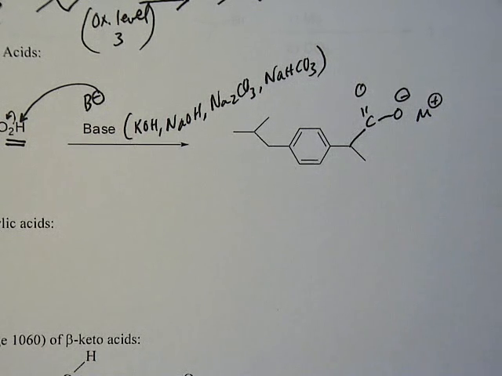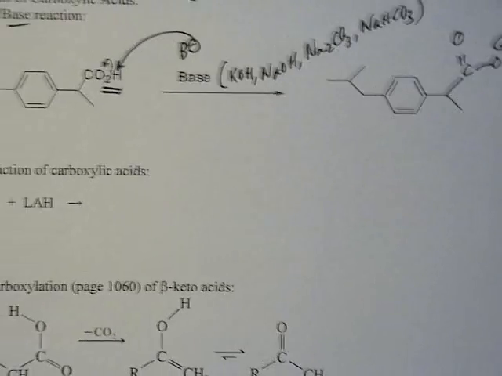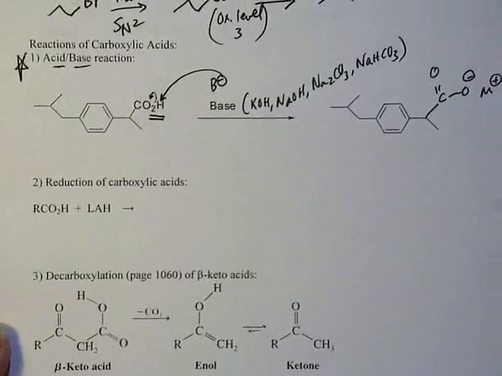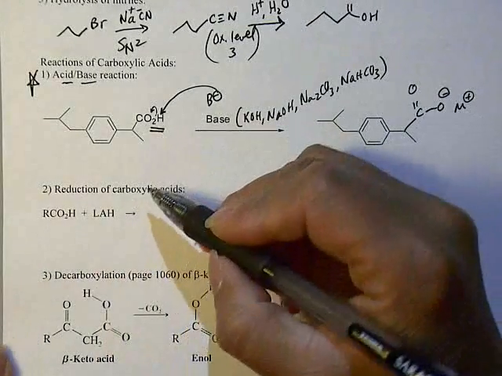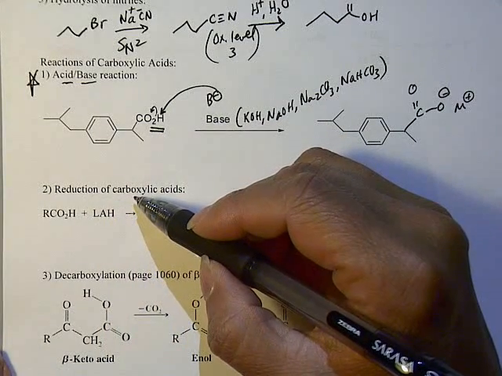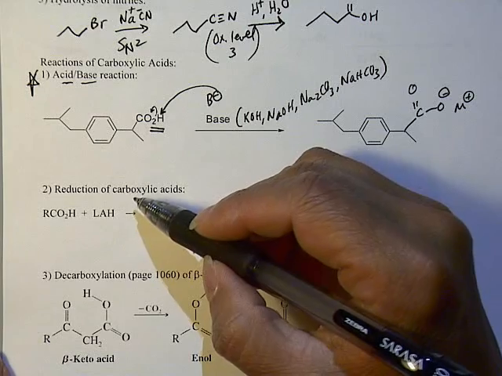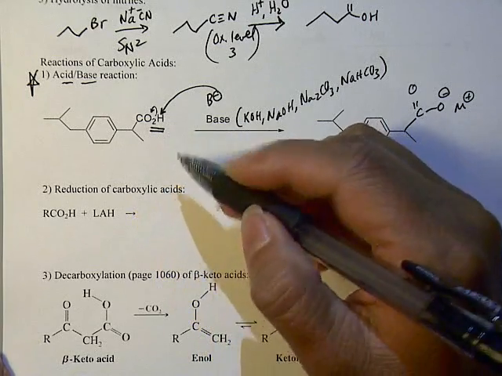All right. And the second type of reaction that we already briefly went over is the reduction. But we looked at reduction in terms of aldehydes and ketones, and we used sodium borohydride as a reducing agent to go from oxidation level 2 to oxidation level 1.